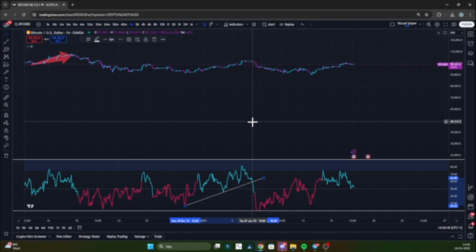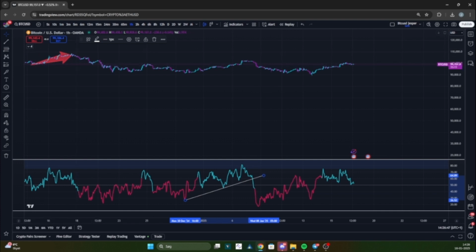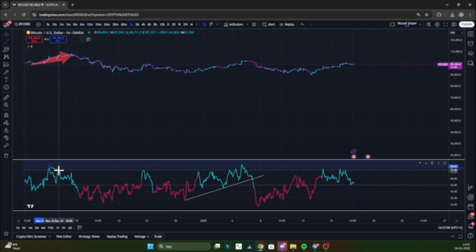It shows a difference in how the big players are playing the market.